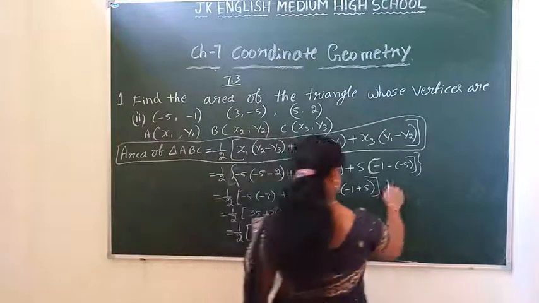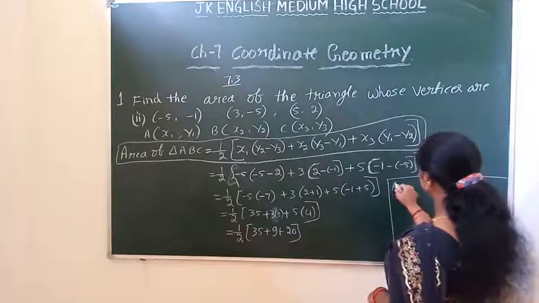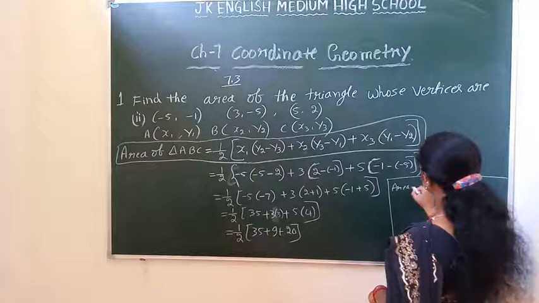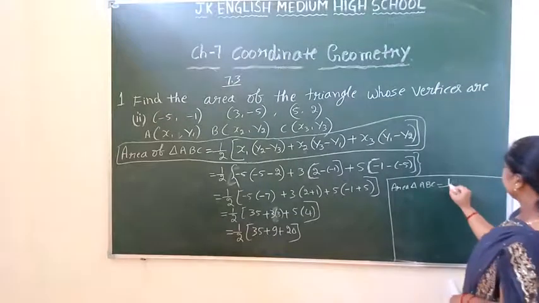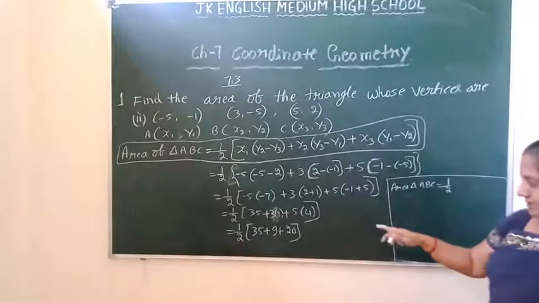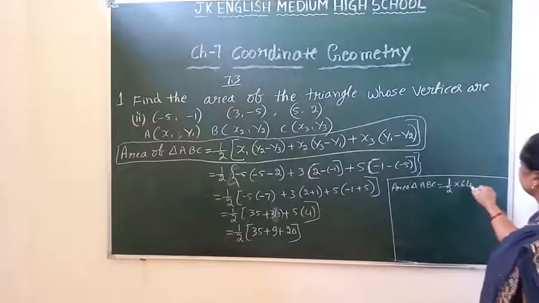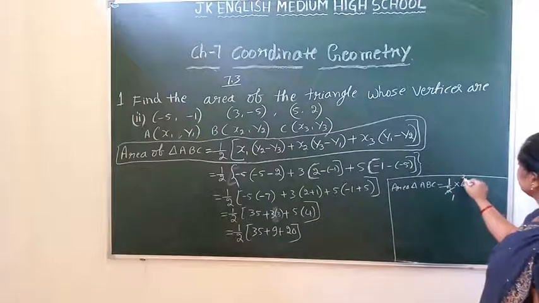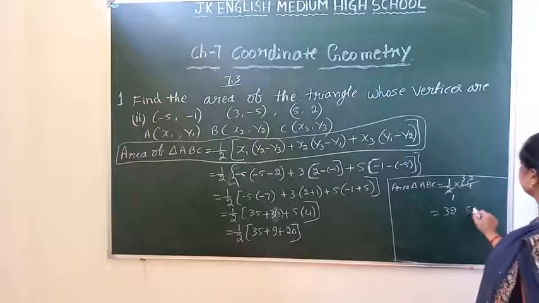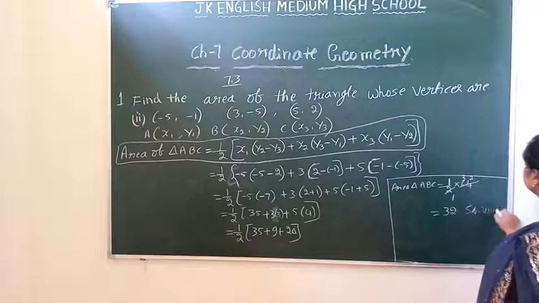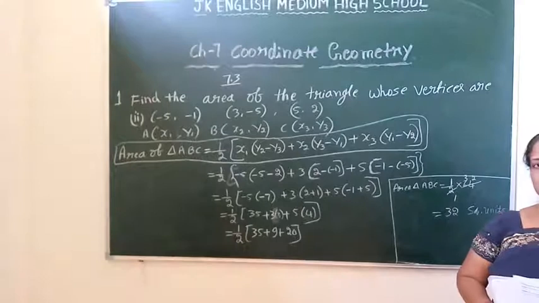Then after this step I can write it in this manner: area of triangle ABC is equal to half of 64. So divide by 2, 32 square units. So area of triangle ABC, I got 32 square units, children.